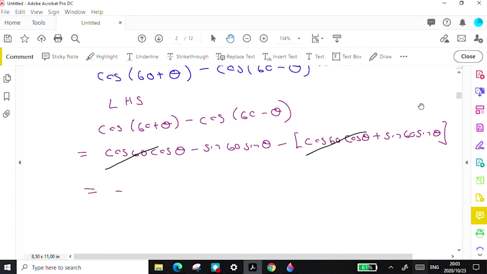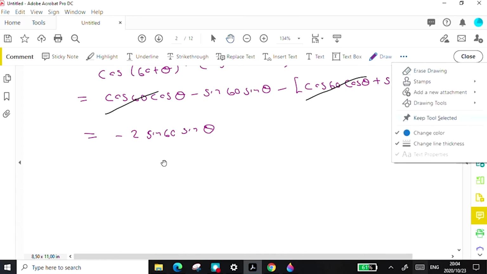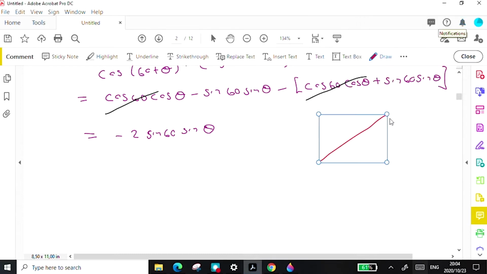So we have negative 2 sine 60 sine theta. We need to simplify sine 60. So we have the 60, 30 triangle, 1, 2, square root 3.